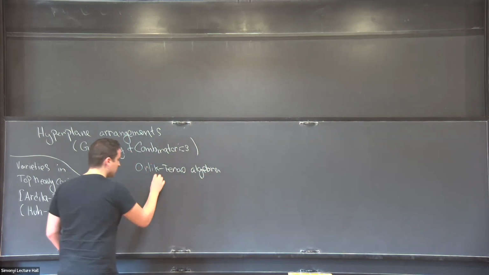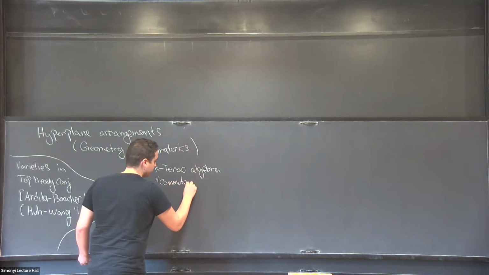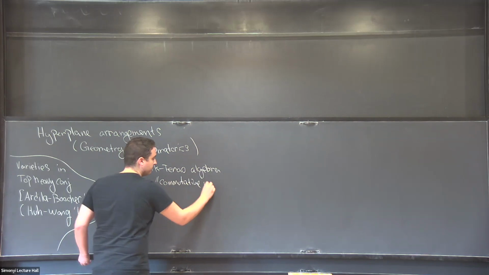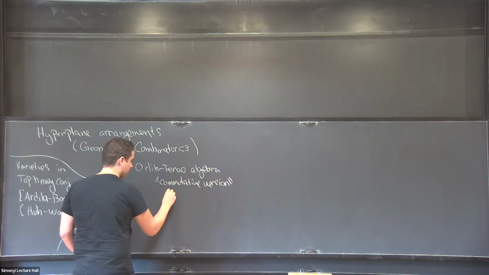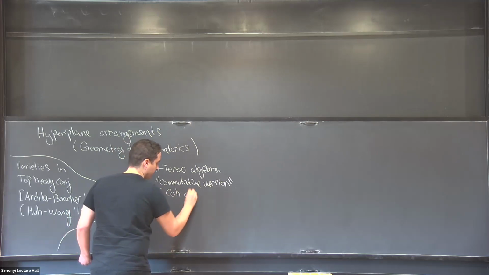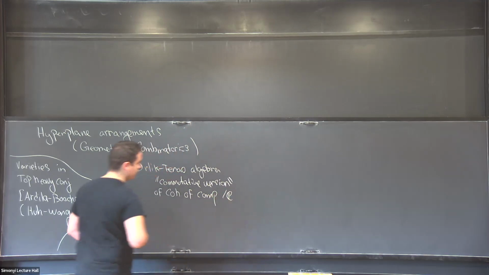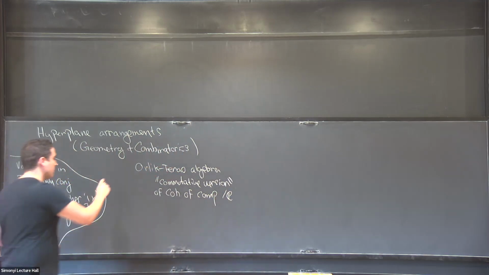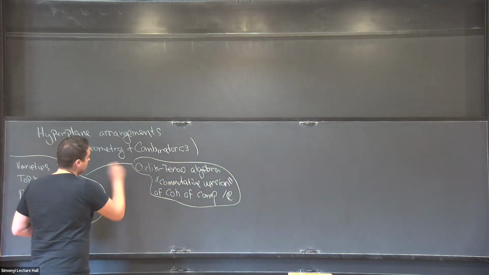So this is sort of sketchy, but I'll just say it's a commutative version of the homology of the complement, if you are defined over C. Okay, but it's some algebra. And there is a connection to the first story.